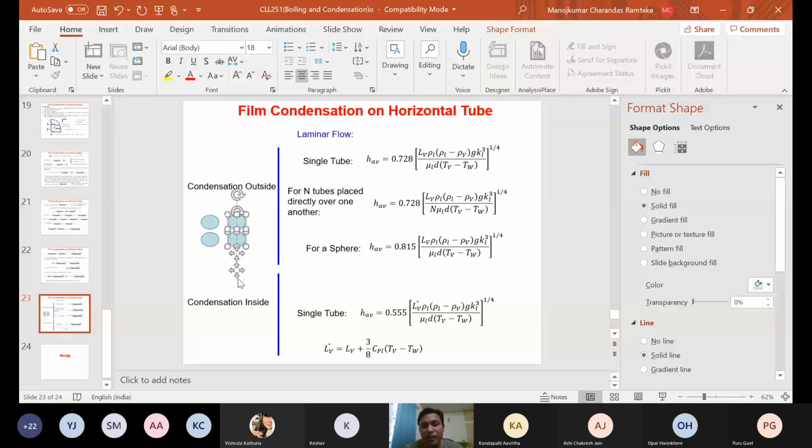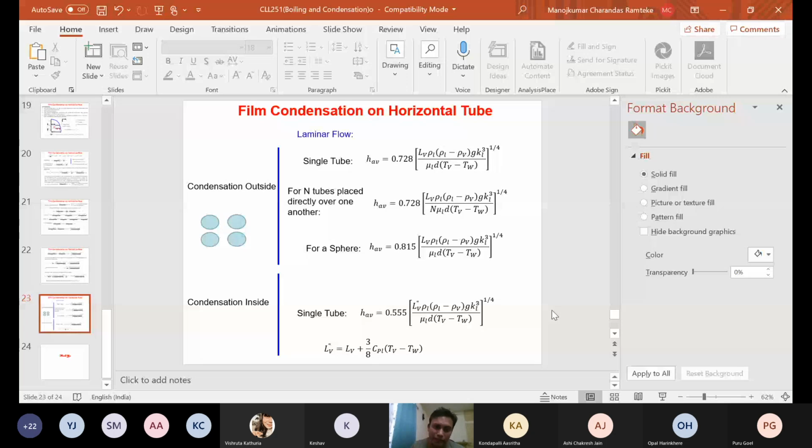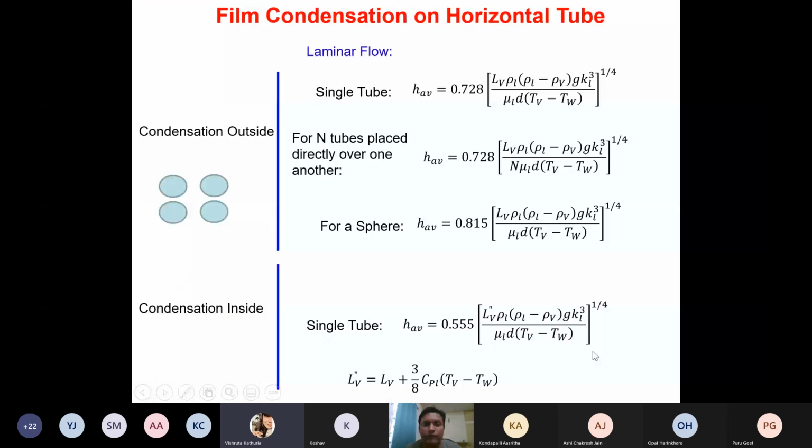N will be 2. N will not be 4. So one above another, there are only 2 tubes, isn't it? In this manner, this N is 2. Is it clear to everyone? Is it basically clear? It means the number of tubes in each column. Yes, N is the number of tubes in each column. Okay, perfectly all right.